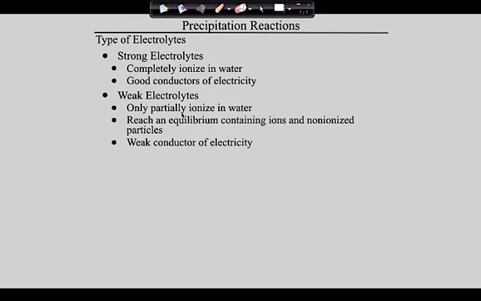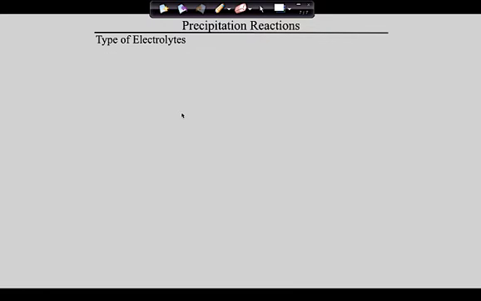Now guys, you understand this idea at some superficial level. What you need to know right now is examples of substances that do these things. So, strong electrolytes. What substances are strong electrolytes? Well, you already know one. What is it? Salts. Guys, ionic substances, which we call salts, are strong electrolytes.